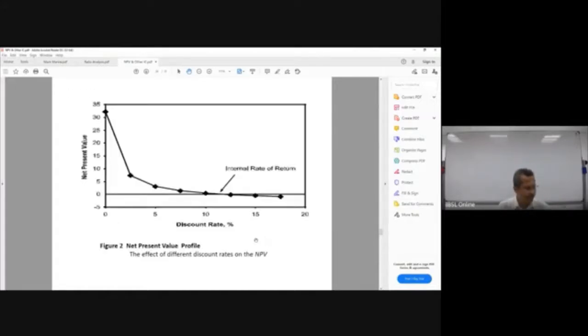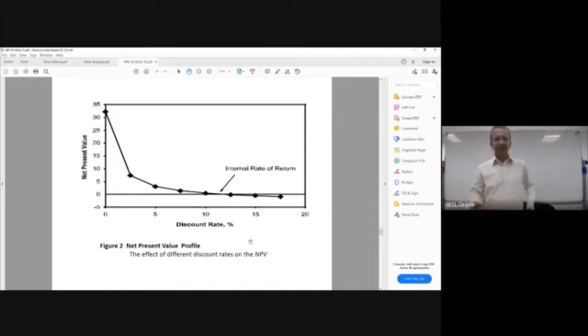I think we stopped here, right? What is this? This is net present value profile. The x-axis is the discount rate, y-axis is the net present value.